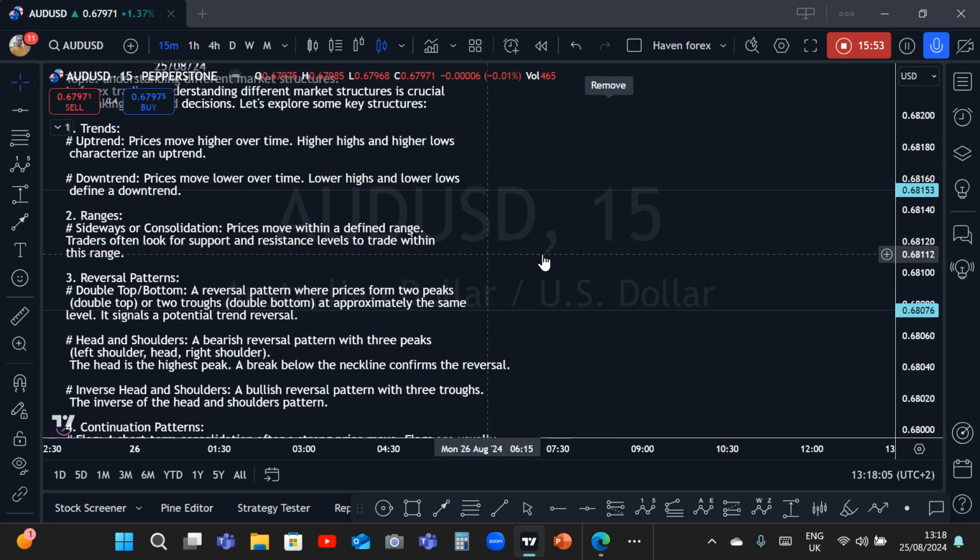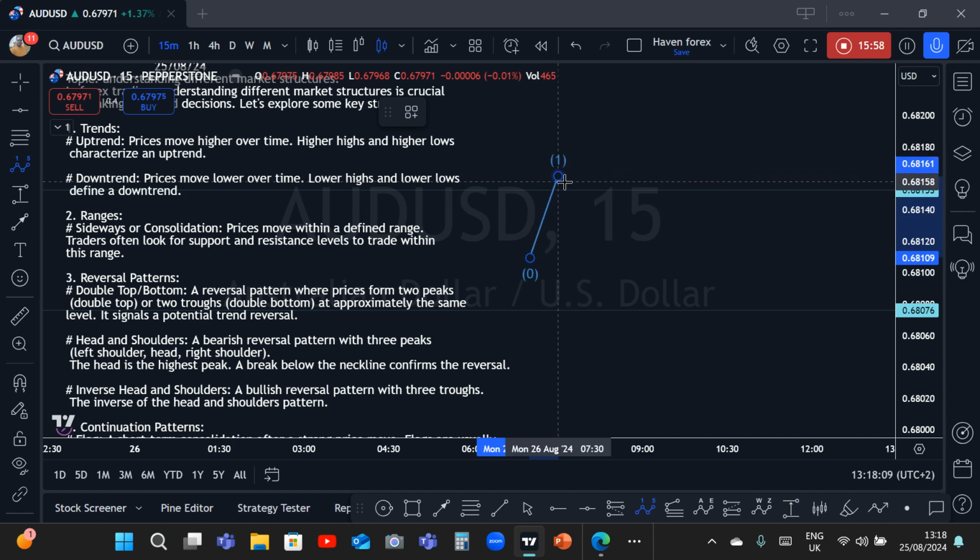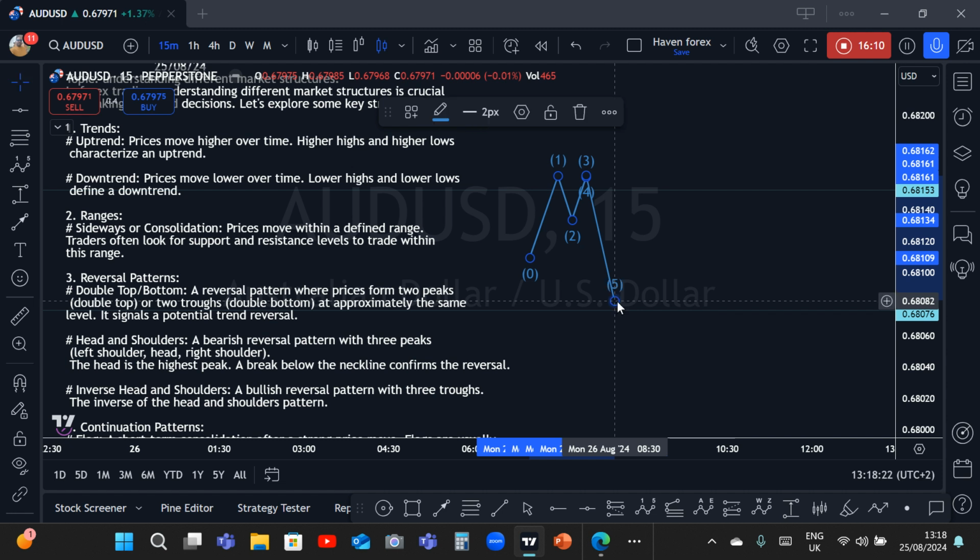So, guys, let me just show you quickly. We have something like this. Then you now see price will come down. This is a double top. Price will come, hit this level, come down a little, retest it again, then move.